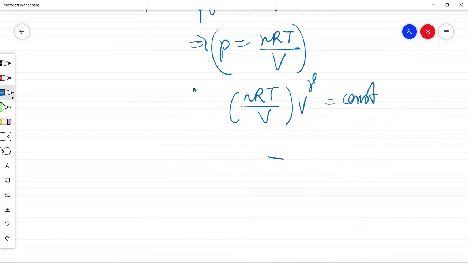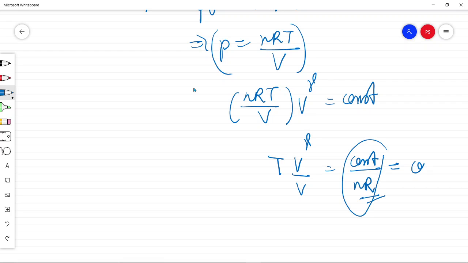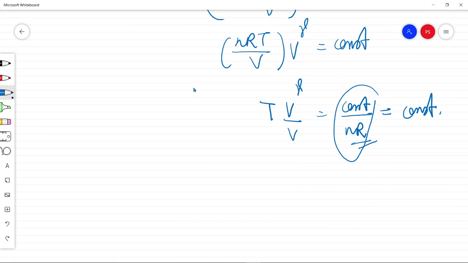So we get T V raised to gamma by V is equal to constant divided by nR. Note that n and R are constants, so this entire term is also a constant. And this gives us T into V raised to gamma minus 1 is equal to constant.